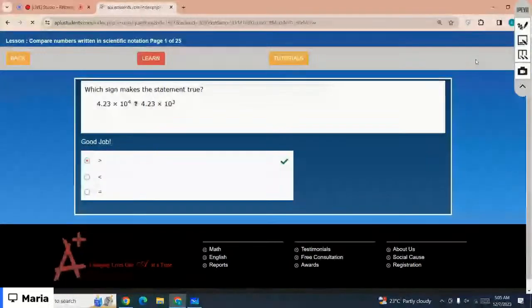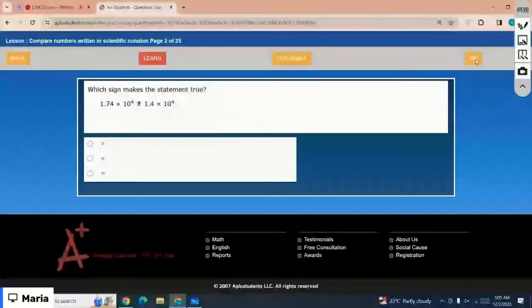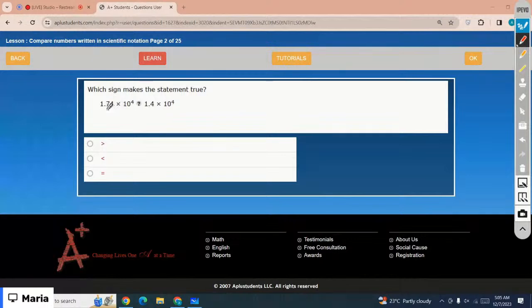The next one is which sign makes the statement true? 1.74 times 10 exponent 4 and 1.4 times 10 exponent 4, right? So first let's just compare the numerical values. 1.74 and 1.4. You just look at the decimal value, whole numbers 1 and 1, they both are equal.